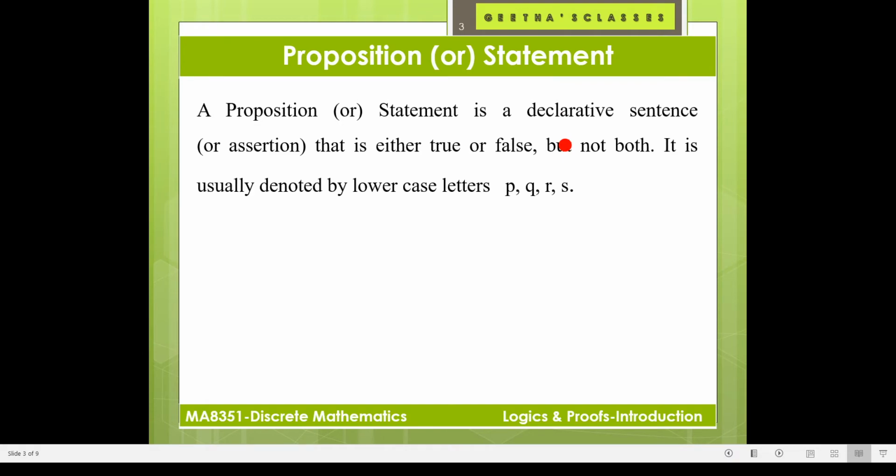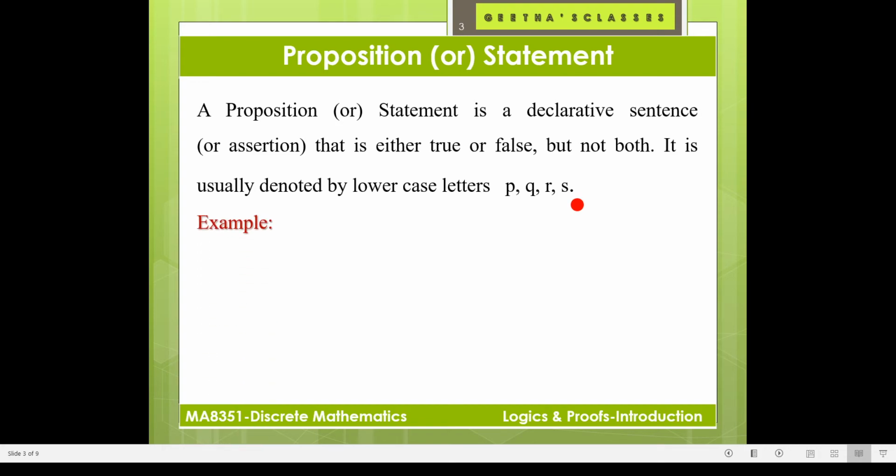A proposition or statement is a declarative sentence or assertion that is either true or false, but not both. If a condition is there, that condition should be either true or false. It should not be both. It is usually denoted by lowercase letters p, q, r, s.